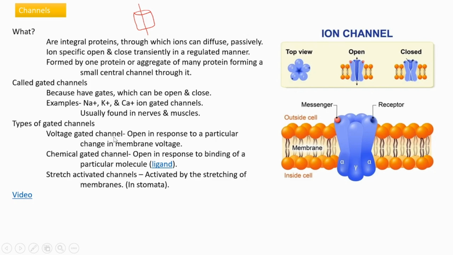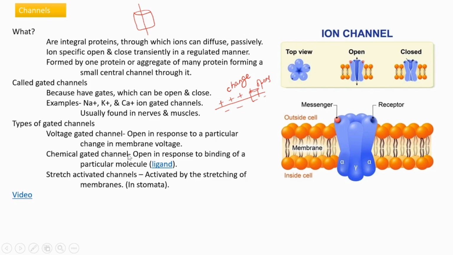Voltage gated channel means there is a particular voltage existing in the membrane. Whenever a change happens to that voltage, then that particular gate opens. That is about the voltage gated channel.